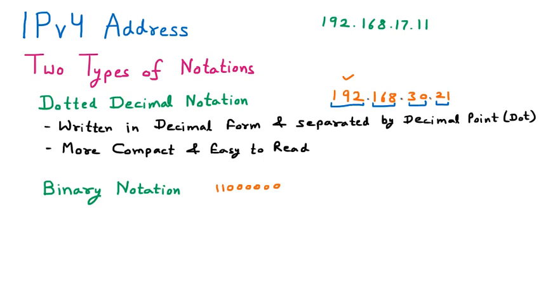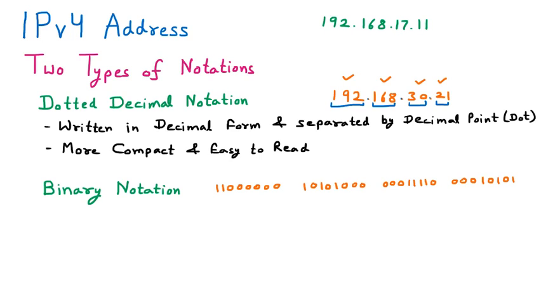This is the conversion of 192 into binary. If I convert 168 to binary, it will be 1 0 1 0 1 0 0 0. If I convert 30 to binary, it will be 0 0 0 1 1 1 1 0. If I convert 21, it will be 0 0 0 1 0 1 0 1.